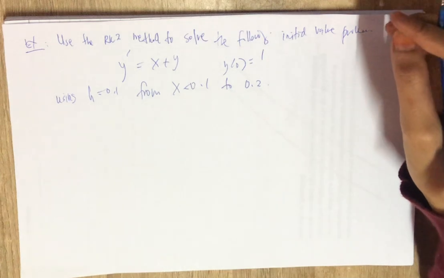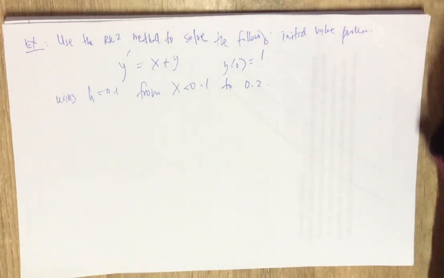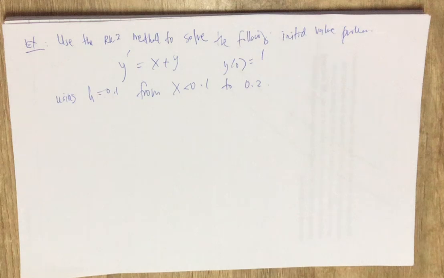Use the RK2 method to solve the following initial value problem: y prime equal to x plus y.